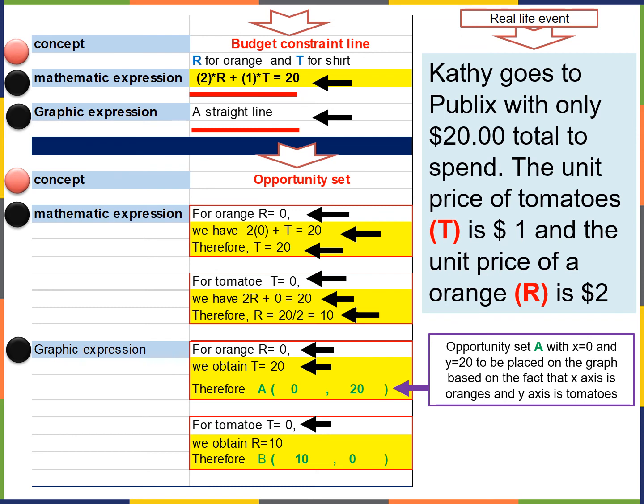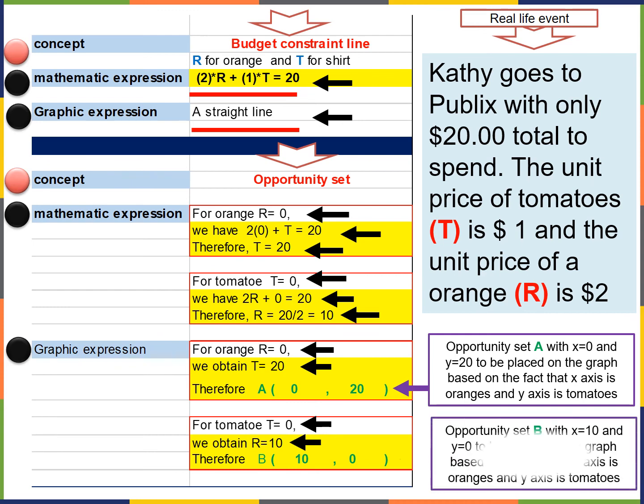If I summarize my second purchase, where I wasn't purchasing any tomatoes, therefore T = 0, the calculation above tells us that I can only purchase 10 oranges. And that leads to the opportunity set B, which is 10x, 0y, because x is oranges and y is tomatoes.